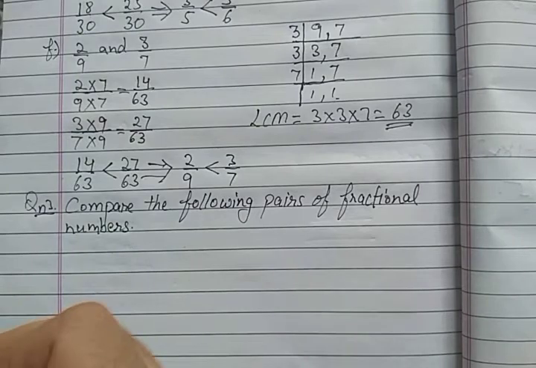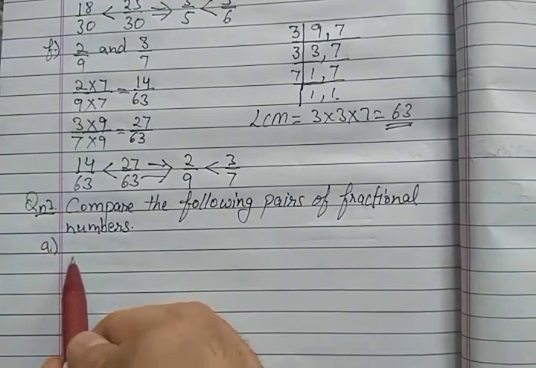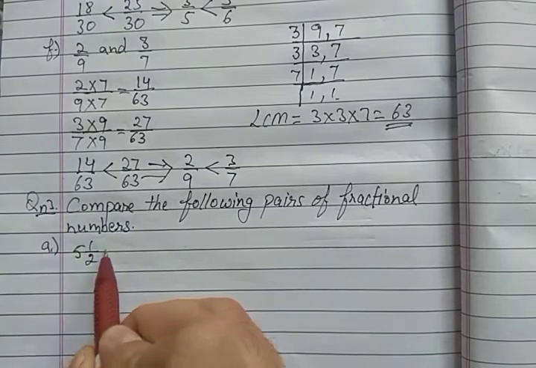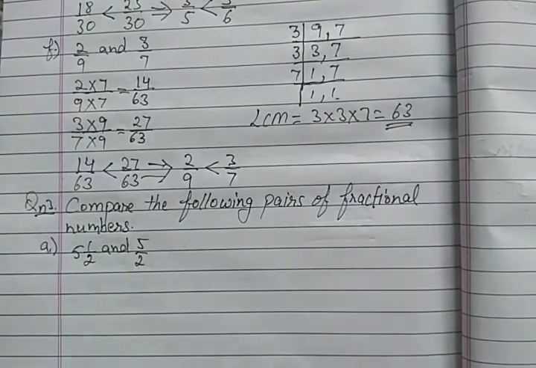So now take the first one, A part. 5 and 1 upon 2 and 5 upon 2.